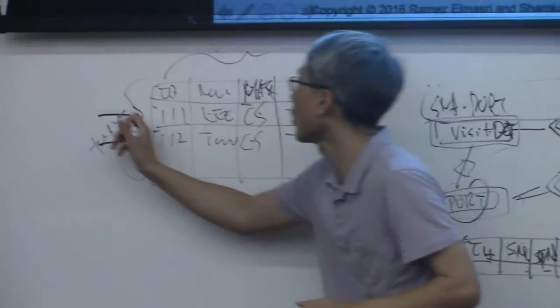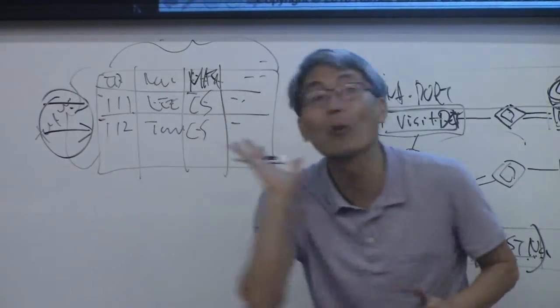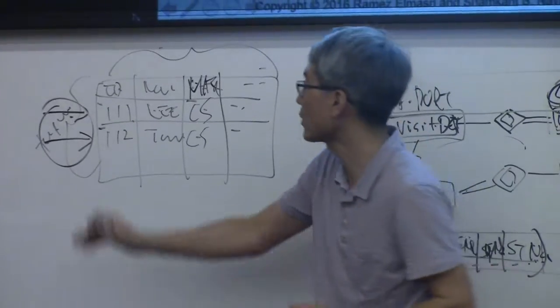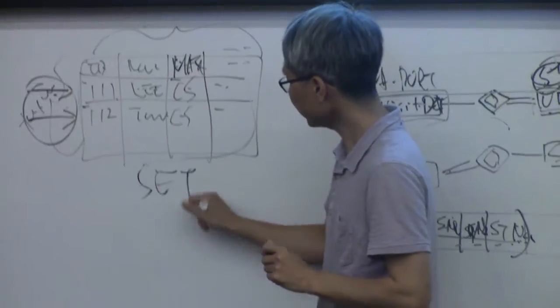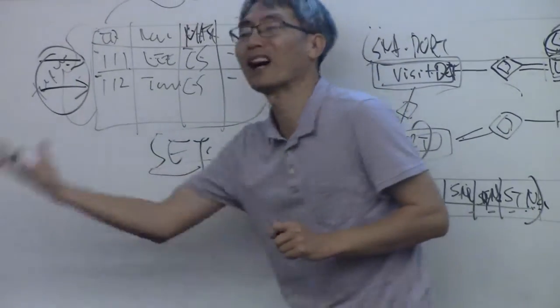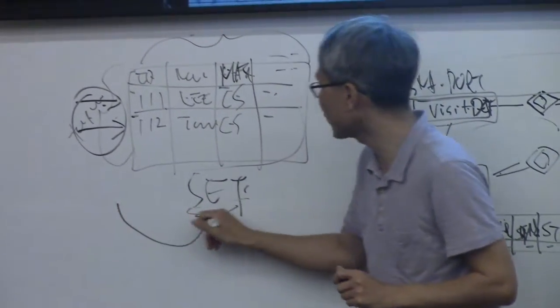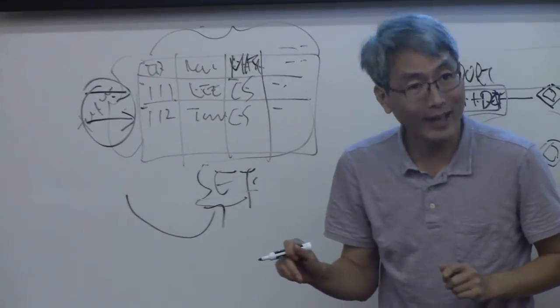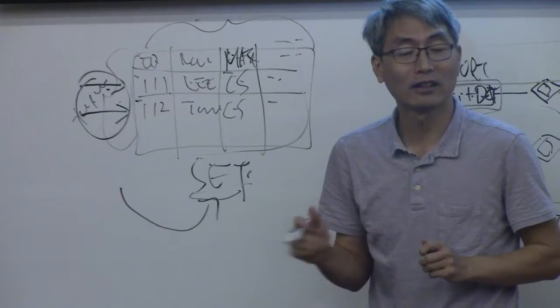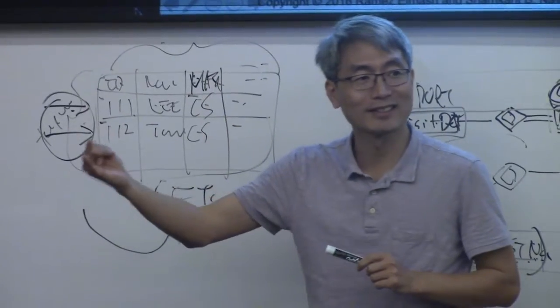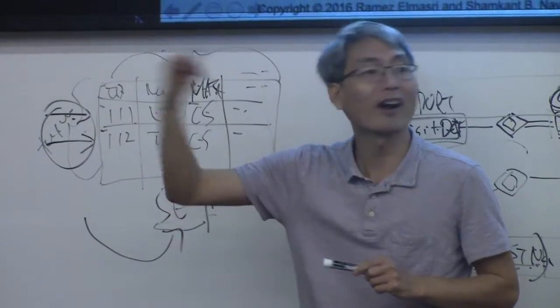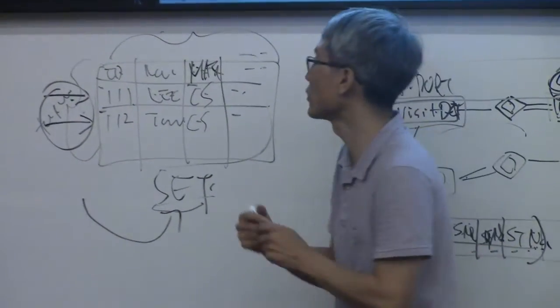So Dr. Codd provided such operations, especially if we regard this one as a set. So we can borrow all operations related to set theory, like for example, intersection, union, minus, others, Cartesian product.